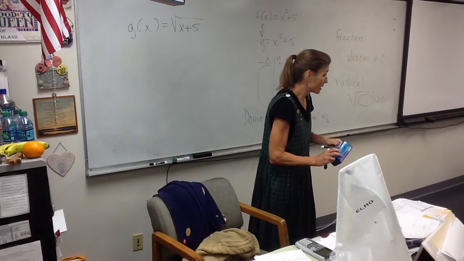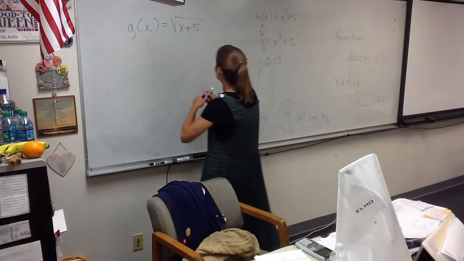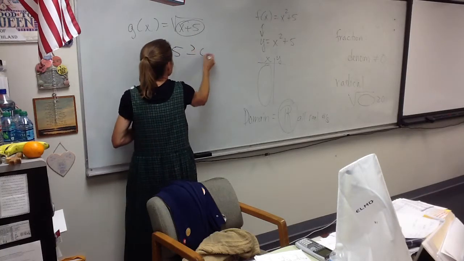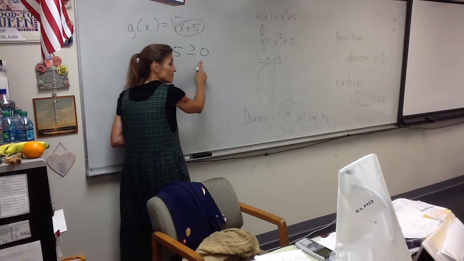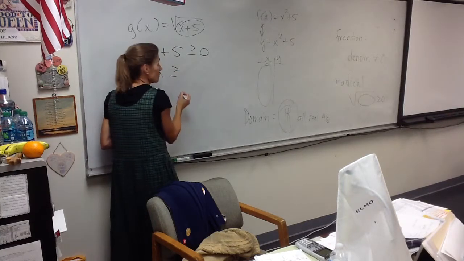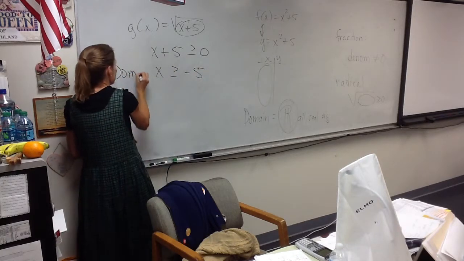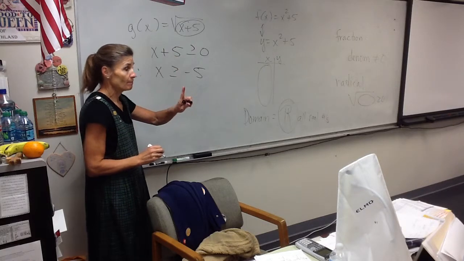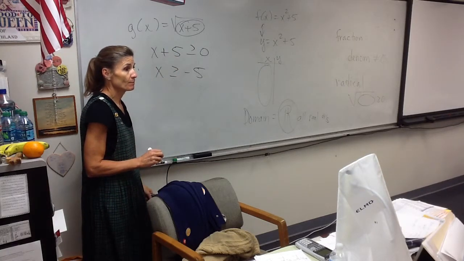So what's under the radical? x plus 5. This has to be bigger than or equal to 0. So I'm going to solve this. So x has to be bigger than or equal to -5. That's your domain. For problem B, your domain is all of the x's greater than or equal to -5.